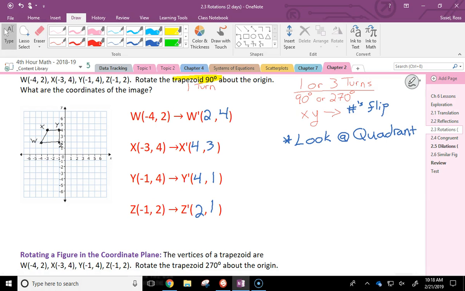We went to quadrant 1. Quadrant 1's coordinates are positive, positive, which means my new quadrant points should be positive, positive.